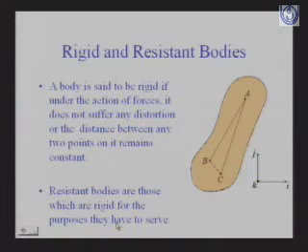That means in our practical life it is possible that we are not able to get a perfectly rigid body, but for all our purposes we take the rigid body as the resistant body, because in this we can neglect any deviation or relative motion between the two parts.